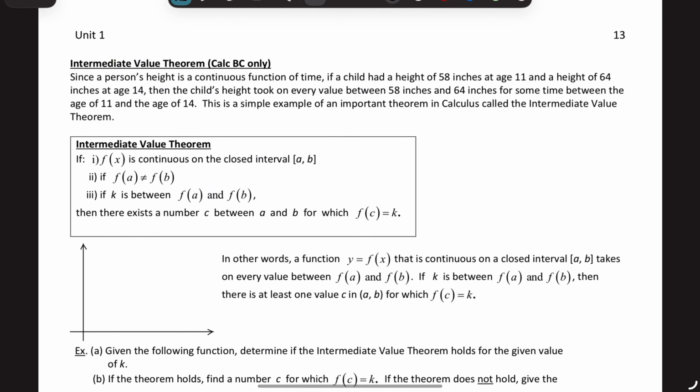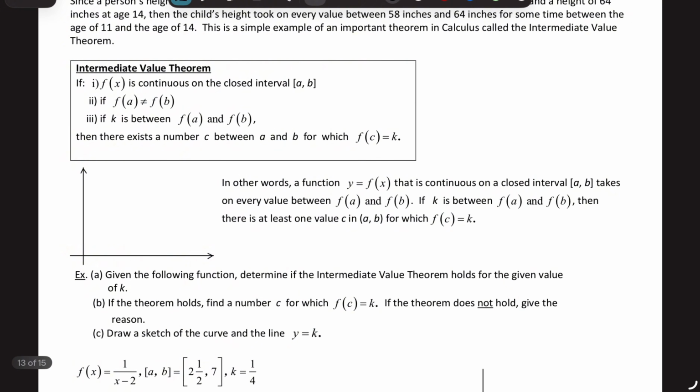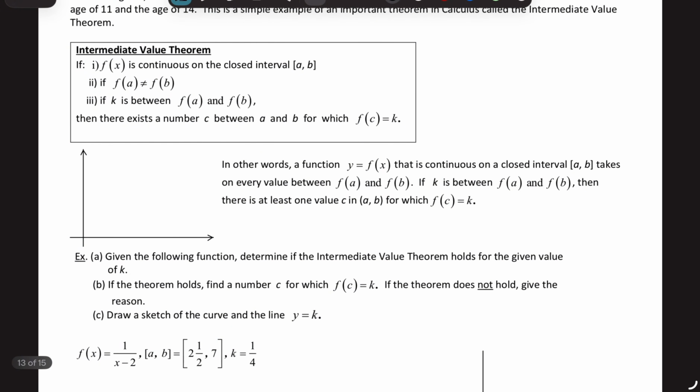This is our last topic, and it is BC exclusive of our Unit 1 calculus. It's called the Intermediate Value Theorem. It might sound very daunting, but it really is very intuitive. What does that mean? The first rule is f of x is continuous on a closed interval.